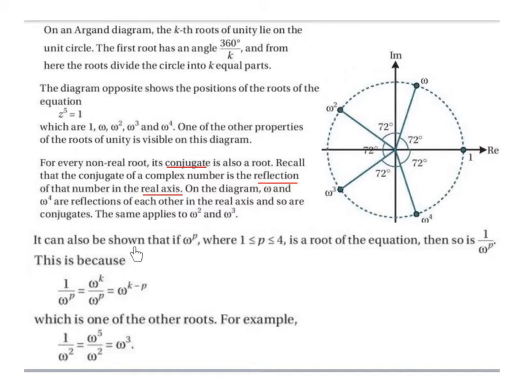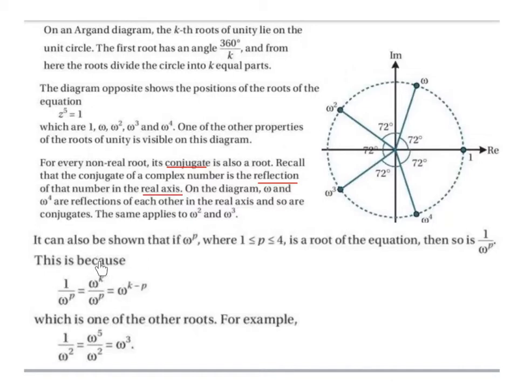It can also be shown that if w to the power of p, where p is greater than or equal to 1 but less than or equal to 4, is a root of the equation, then so is 1 over w to the power of p. This is because 1 over w to the power of p is equal to w to the power of k divided by w to the power of p, because we know that 1 is equal to w to the power of k.